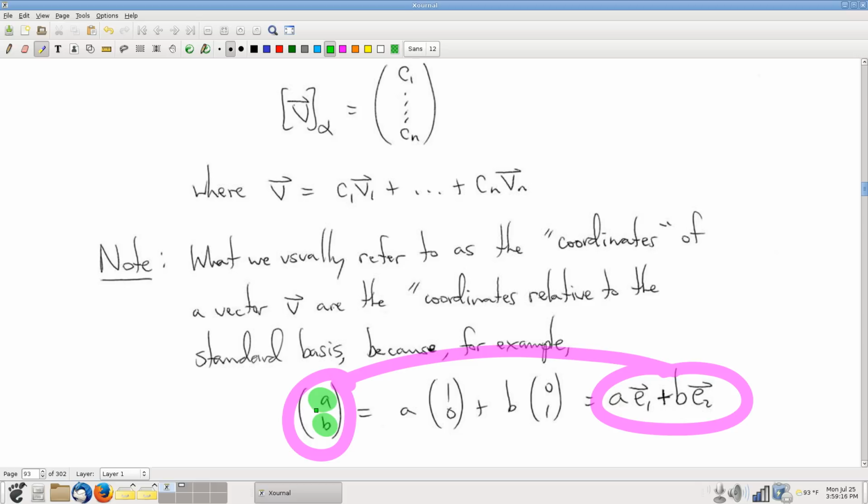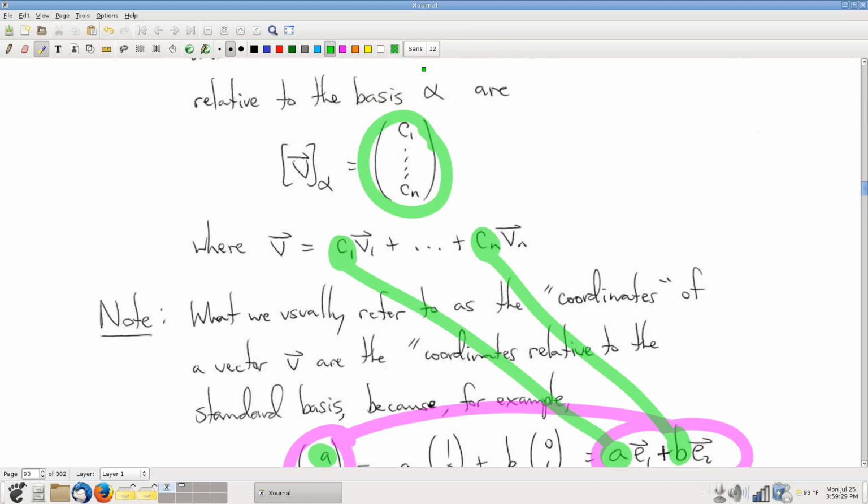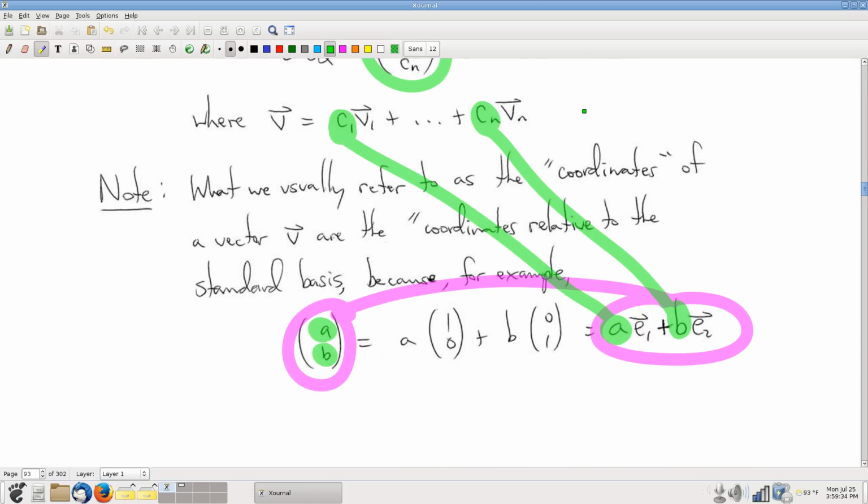namely just the numbers in that list, those are the coordinates in this sense here of the vector with respect to that basis.